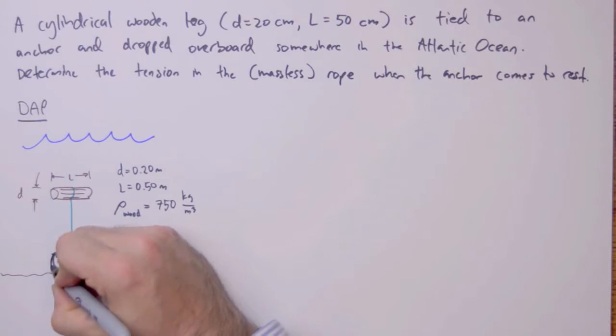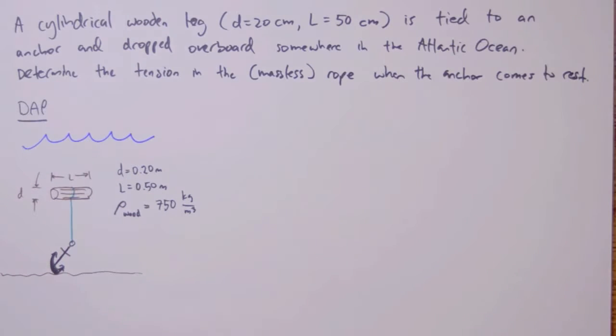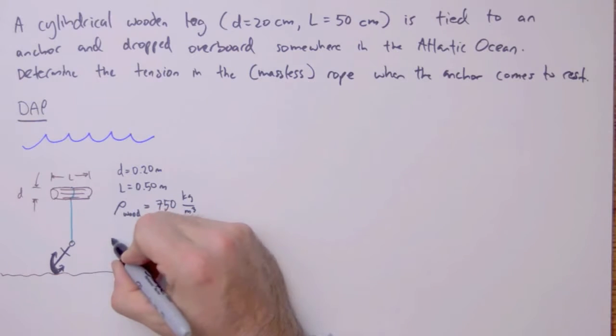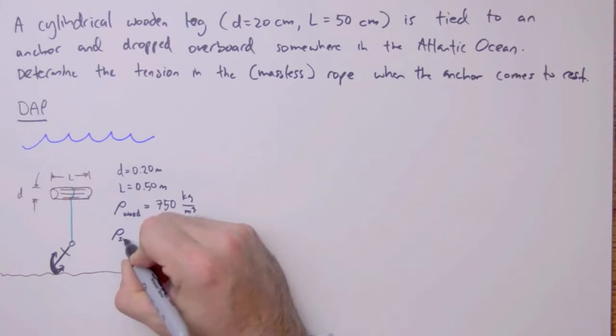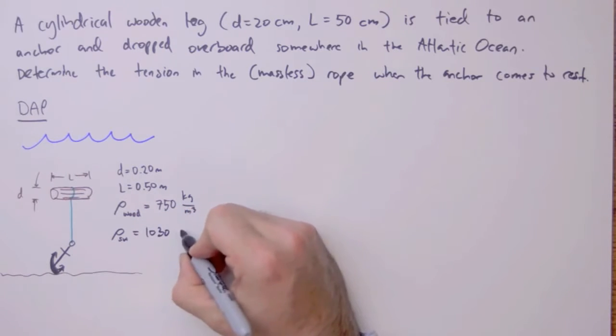And better make it look like it's actually touching, right? And the last piece of information we might want to put on here is the density of salt water. Density of salt water is about 1,030 kilograms per cubic meter.